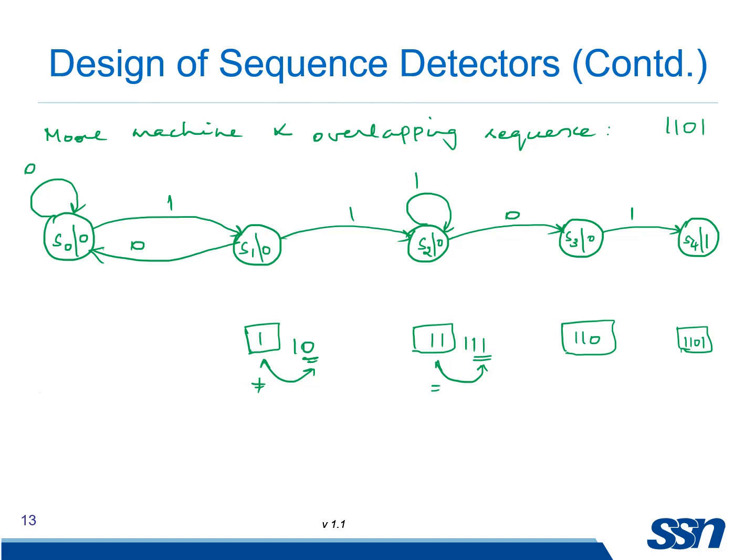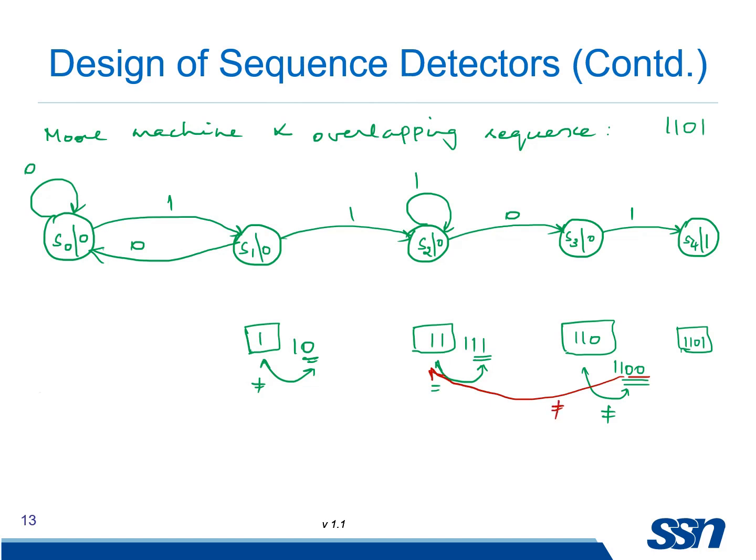Now after this, if I receive a 1, I move to the next state. Instead, if I receive a 0, we compare the last 3 bits to this. This is not equal. So I compare this 2 bits with this 2 bit state.